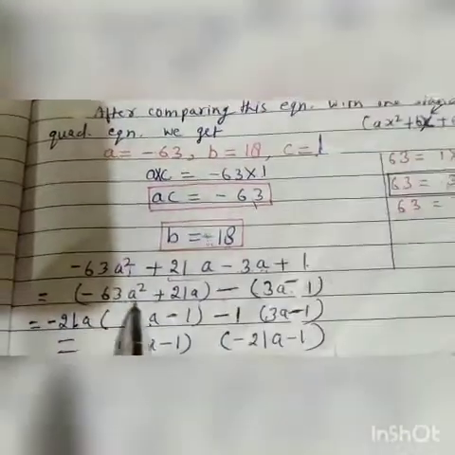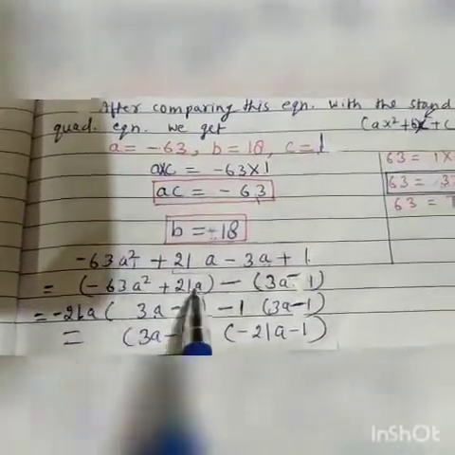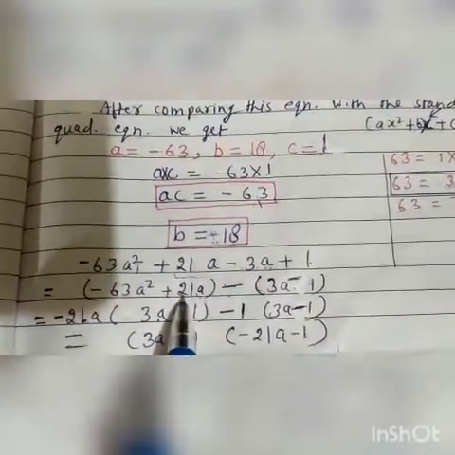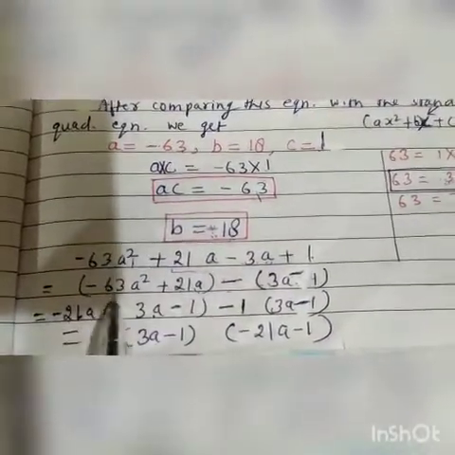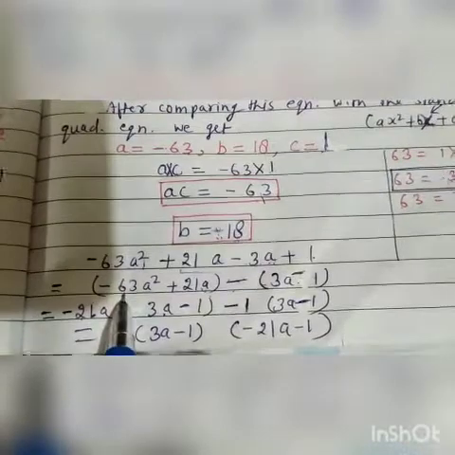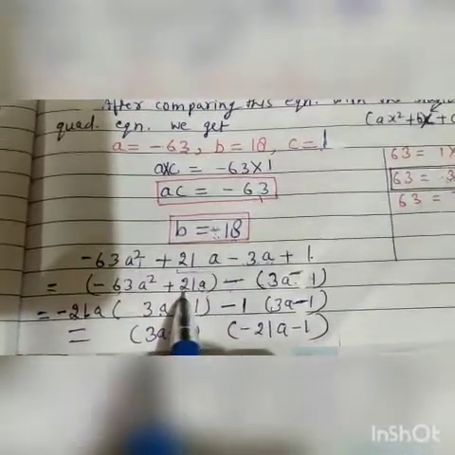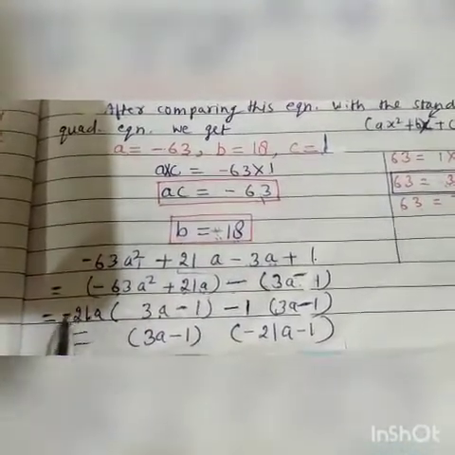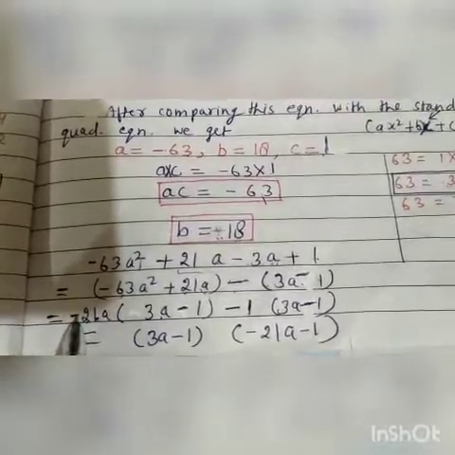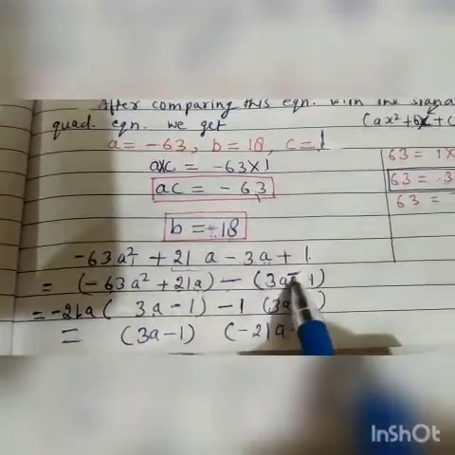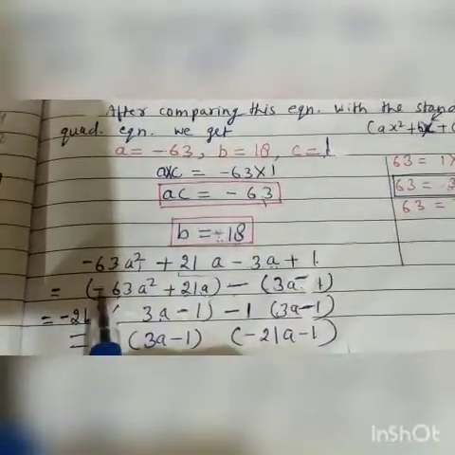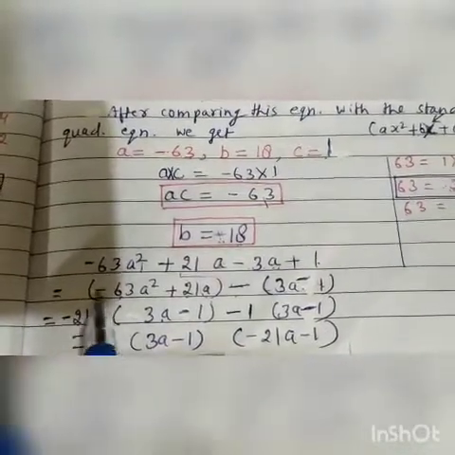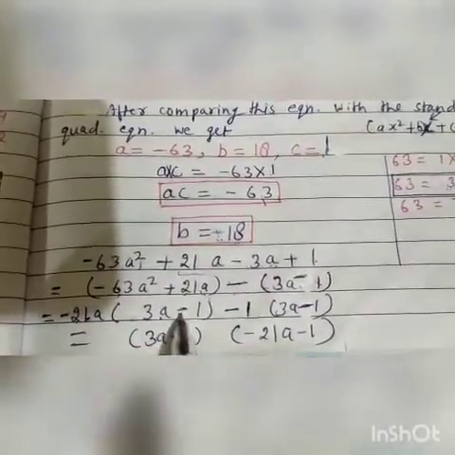Now we will take common from these two terms. We can take 21a as common, because 63 is divisible by 21 and 21 is also divisible by 21, and we will take the minus sign also here as common, because in the second bracket it is 3a minus 1. So when we take this minus sign common, this minus will become plus and this plus will become minus.